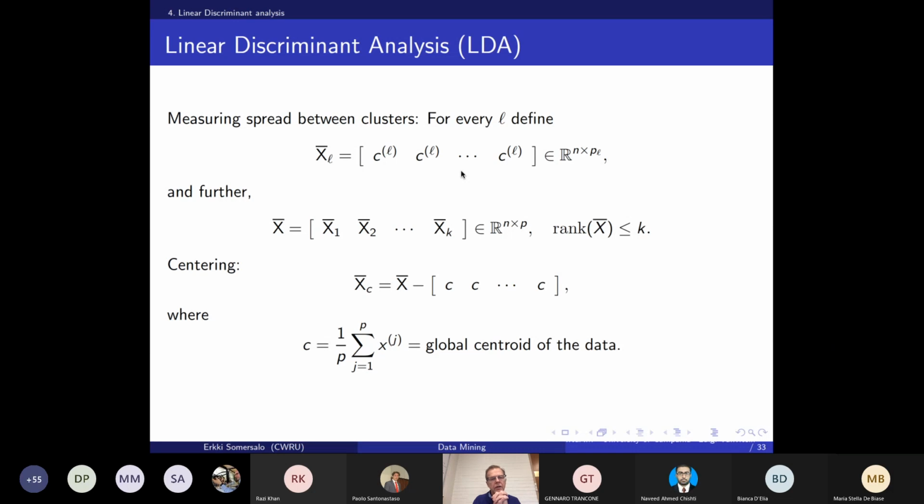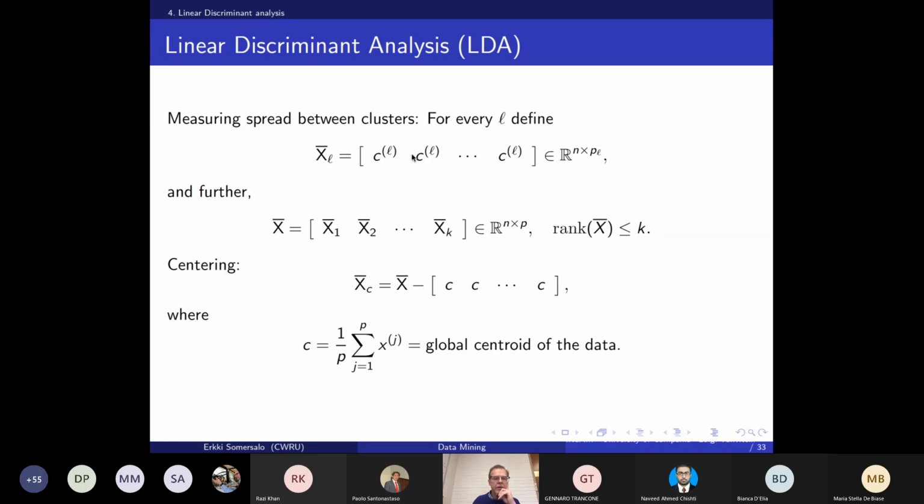So I'm building this rather uninformative looking matrix XL bar, which is just repeating the same vector over and over again. It is repeating the cluster centroid. This is basically a rank 1 matrix, because all columns in this matrix are exactly the same.